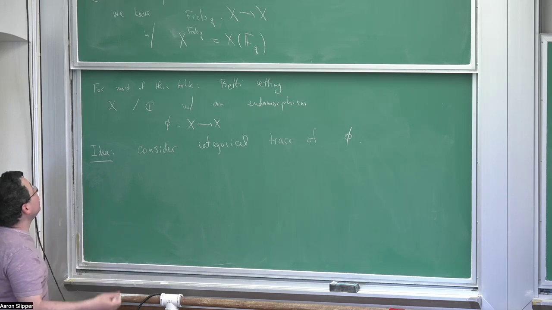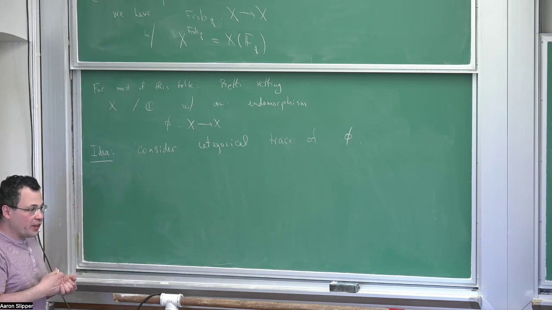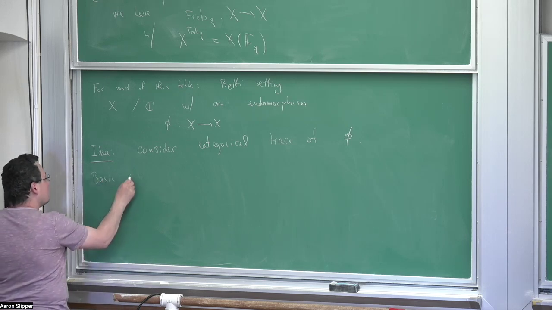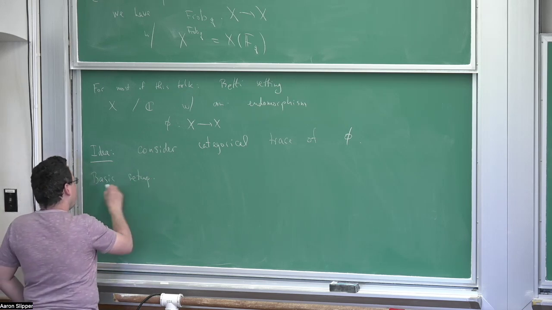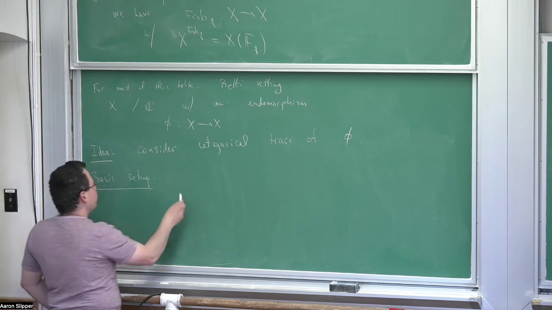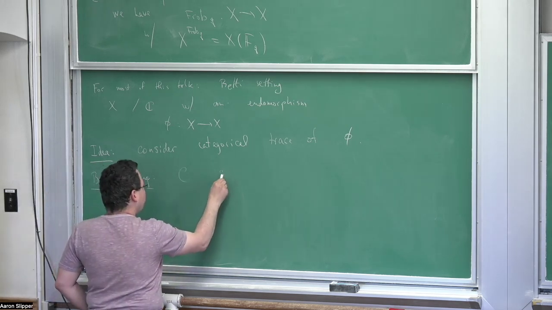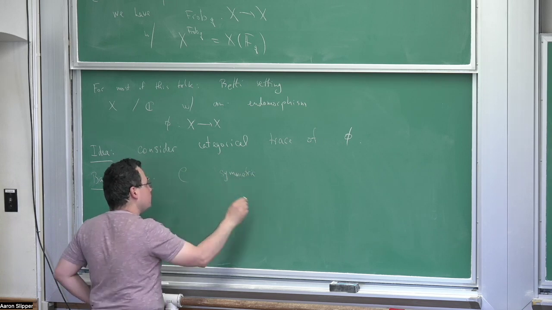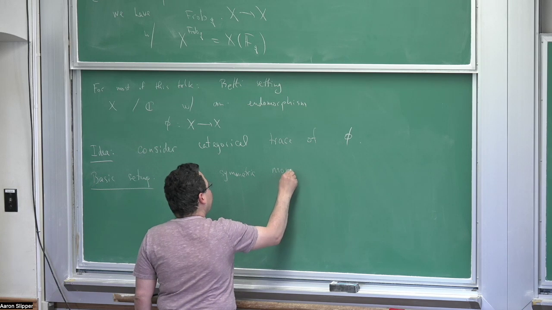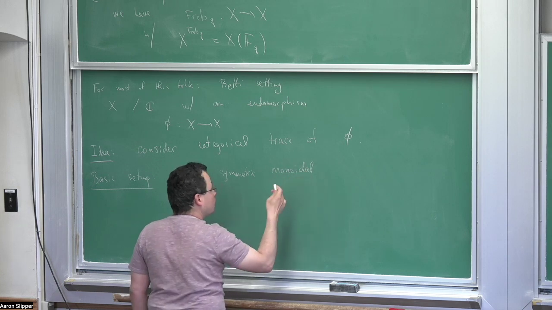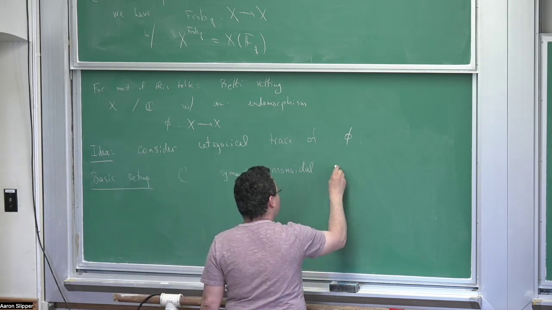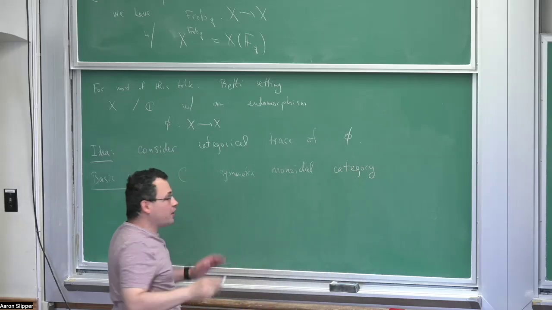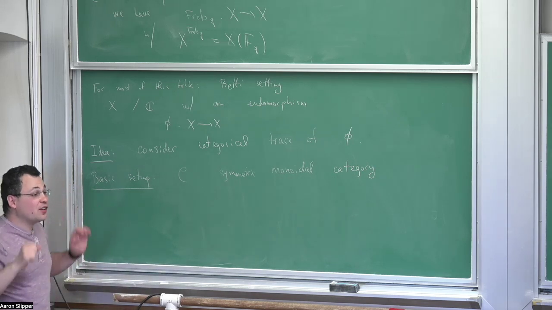We'll start with the most basic setup, and we'll see we need to work our way up. The basic setup is that we have something called C, which is a symmetric monoidal category. Category always means infinity category.